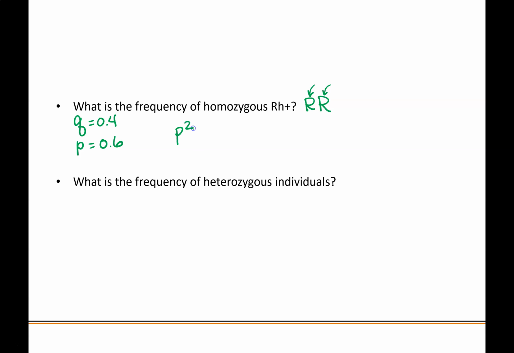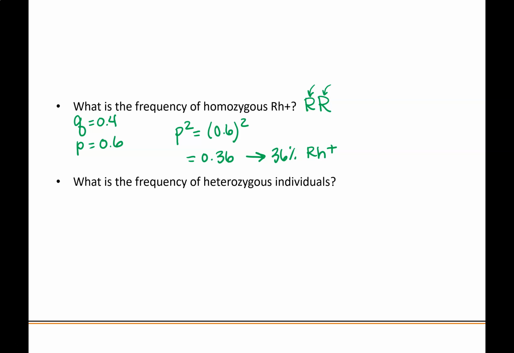So this is going to be p squared. p squared is 0.6 squared, which is 0.36. So this means that 36% of the population are homozygous Rh positive.